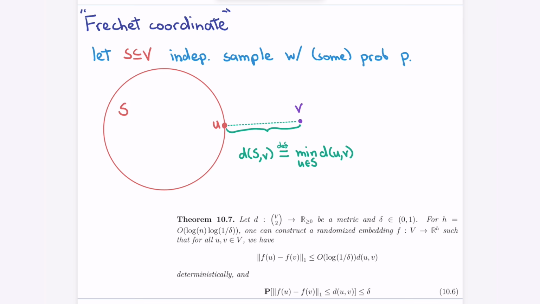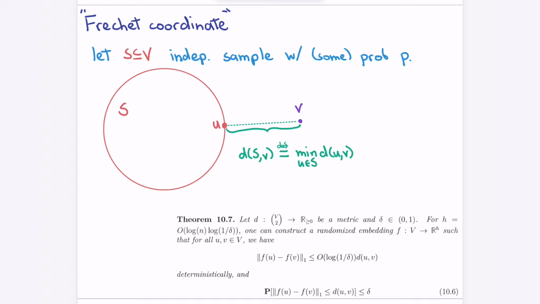What you're going to do for each coordinate is something like this. You choose some probability, maybe half, for example. You sample half the vertices into some set S. This is just to generate one coordinate of your embedding.